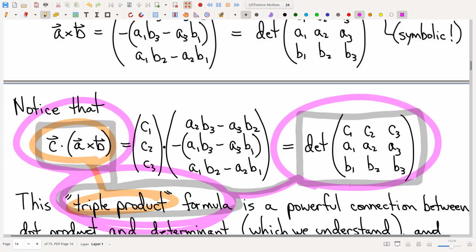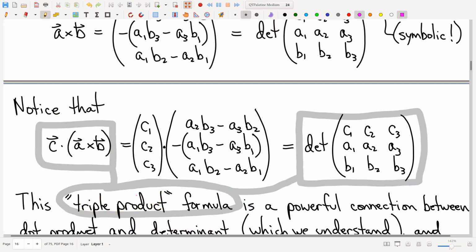What do we do with it? What's it good for? We don't know anything about it. But we know dot products. We're good at dot products. We know determinants. We have a lot of knowledge about determinants. This is a foot in the door. This is an opportunity to learn more about cross products. And if you follow through the notes, this is exactly what happens. This is the foot in the door that makes them all possible.